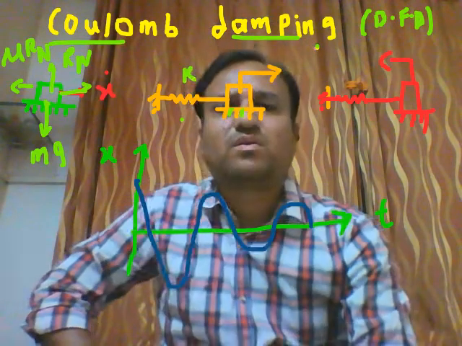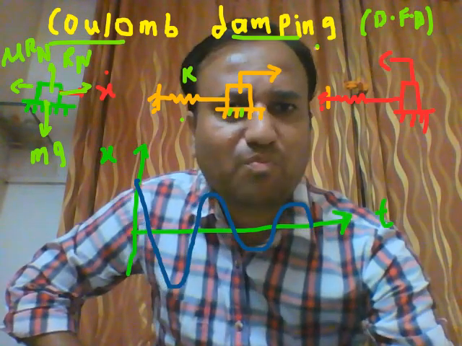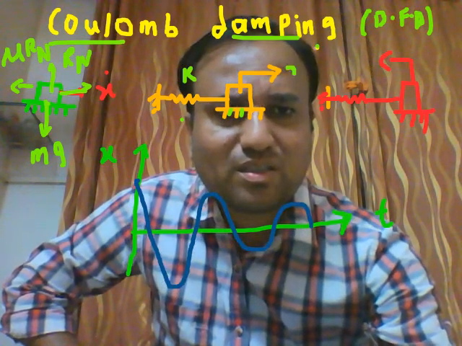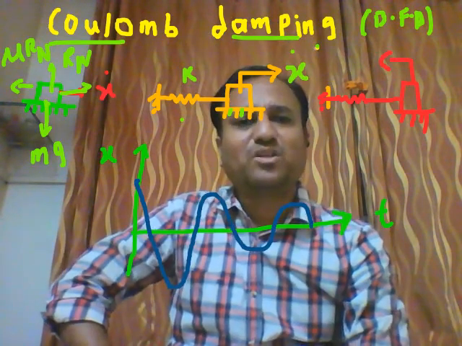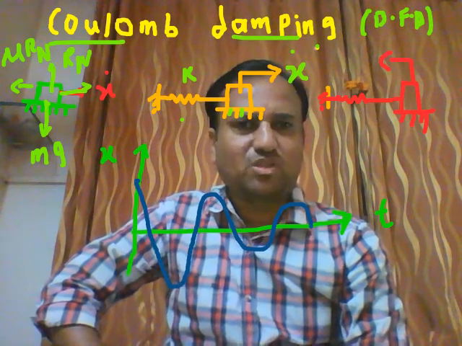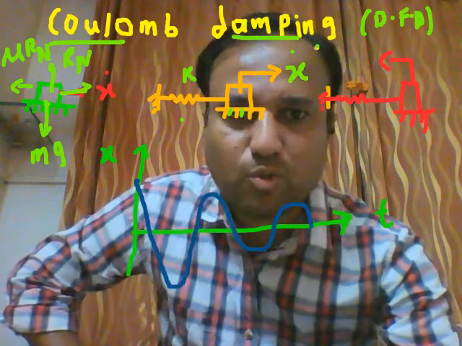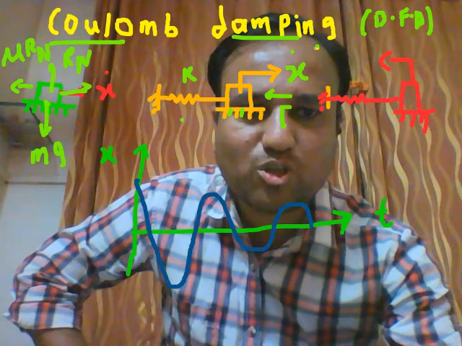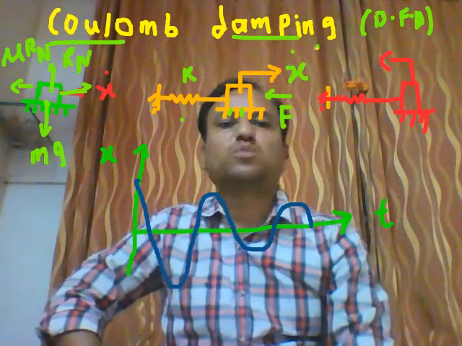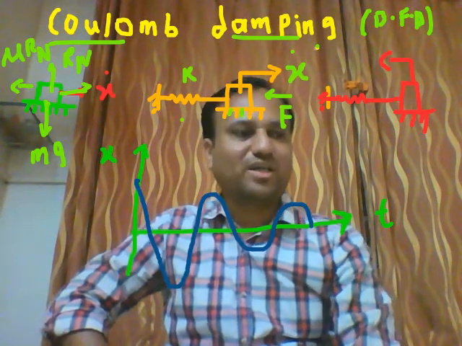Let me assume the mass has a rightward movement having velocity x dot. So the mass has a rightward movement. Let F be the force of friction. Student, force of friction will act opposite to the motion, that is in leftward direction.